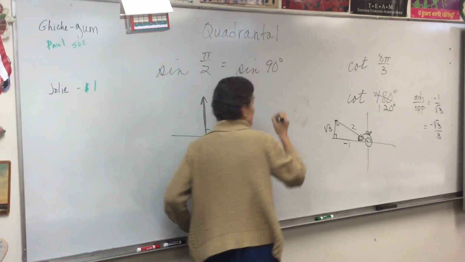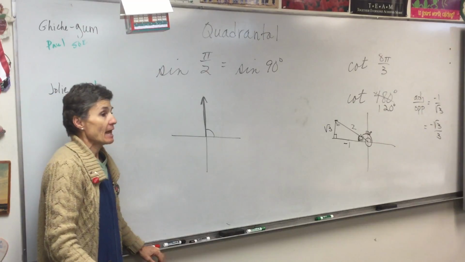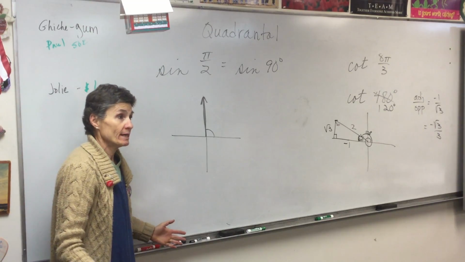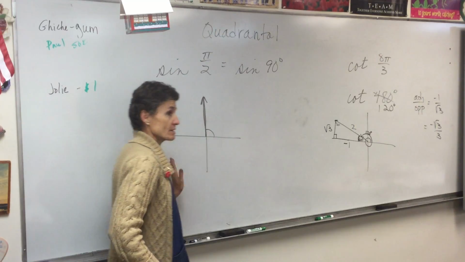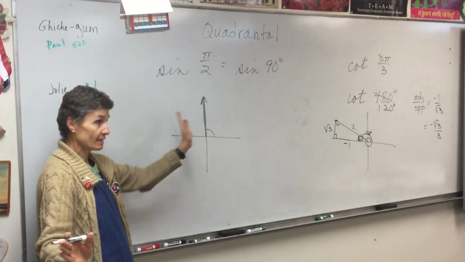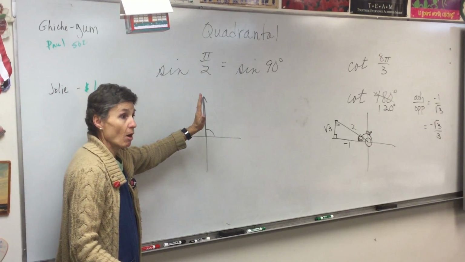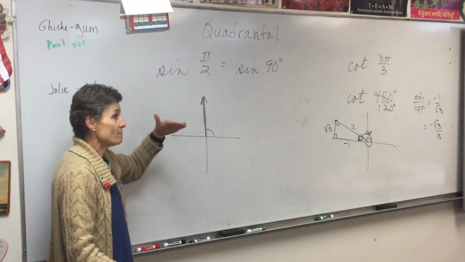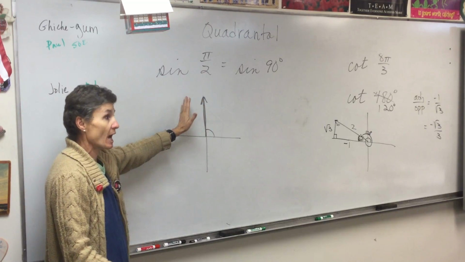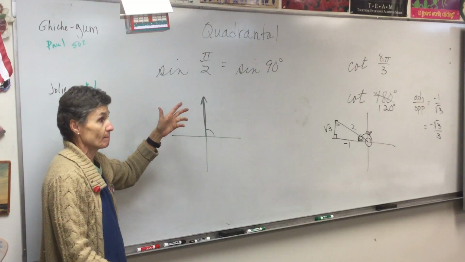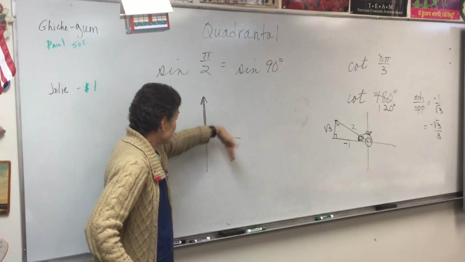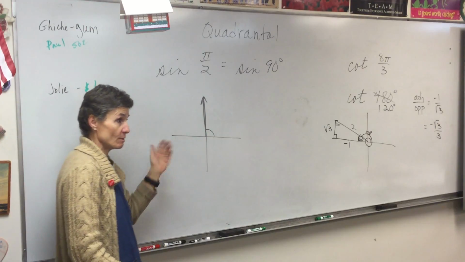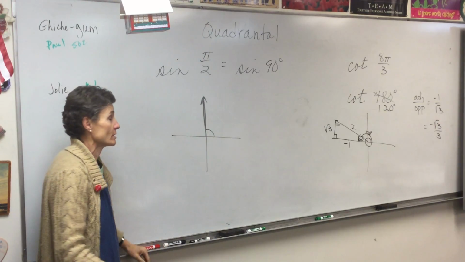A quadrantal angle is an angle that when you draw it, it's on an axis. Instead of sticking out in a quadrant somewhere making that butterfly thing, it's actually on an axis. What would be some other quadrantal angles? 90 is one. What are some others? 180, 270, 360, negative 90, negative 180, right? All those are quadrantal angles.